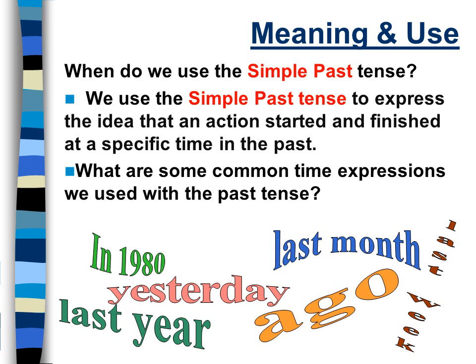So these are some common time expressions that you can find in the simple past tense. Let's say events and ideas or incidents. These time expressions indicate the simple past.